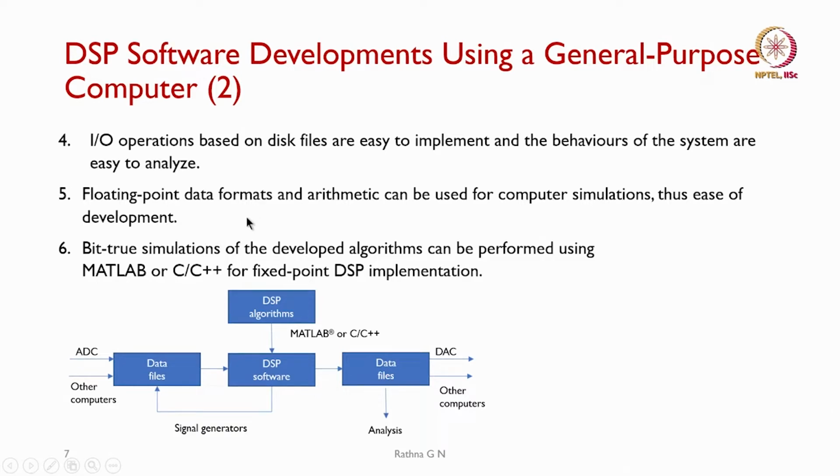As we can see, even a fixed point system is available in MATLAB. So, I can test that my floating point code is working, then convert it into fixed point and check that it runs almost equivalently to my floating point operations, and then use it in my hardware development.